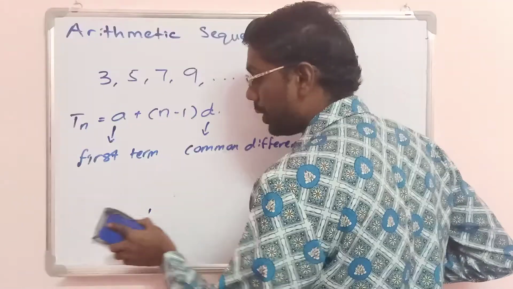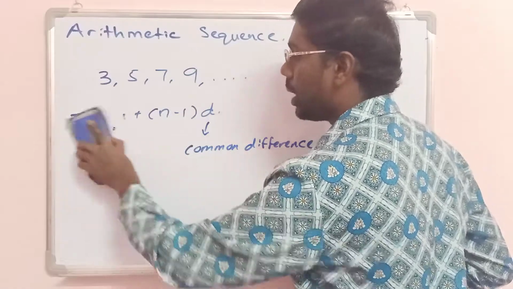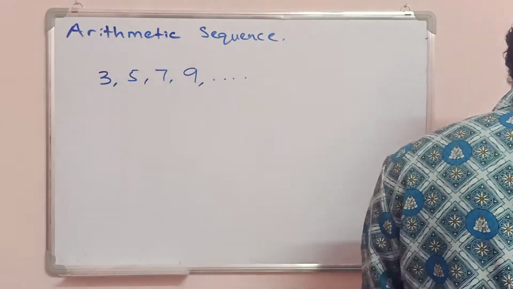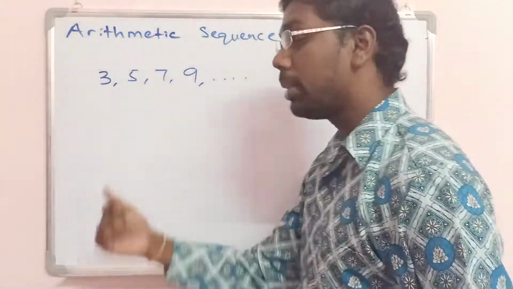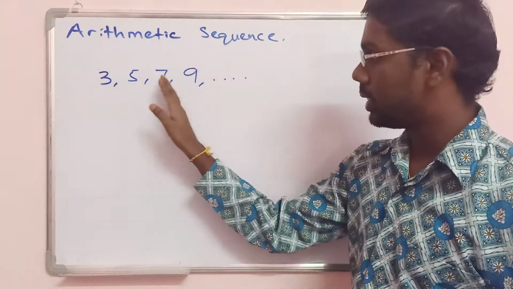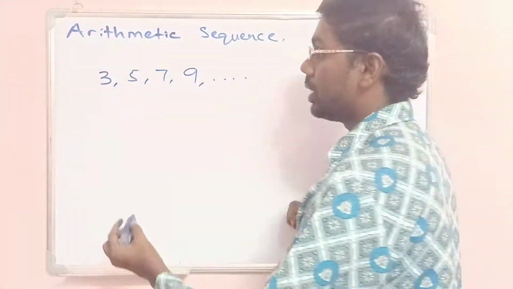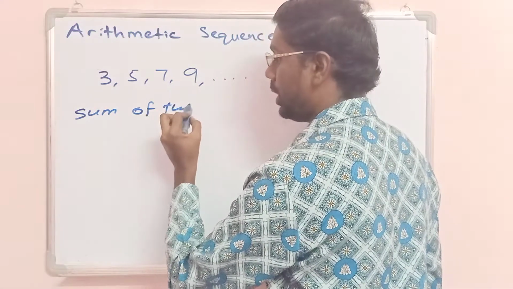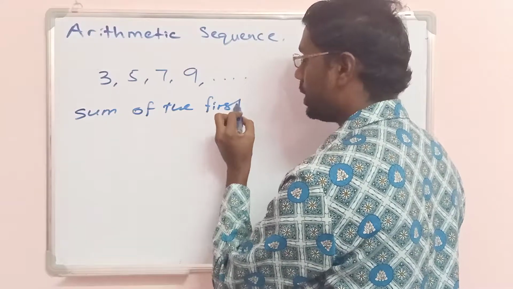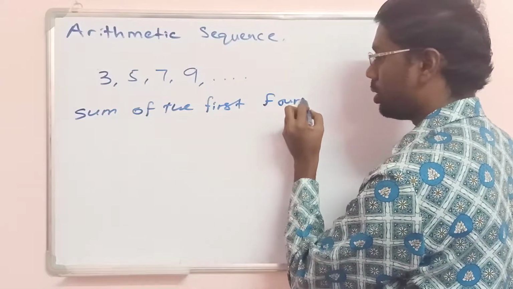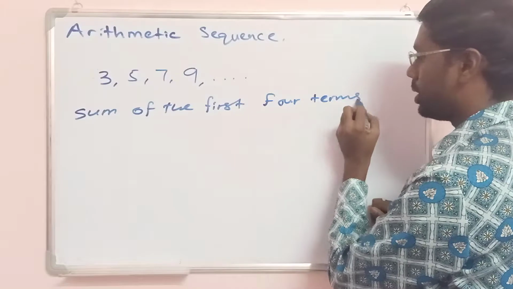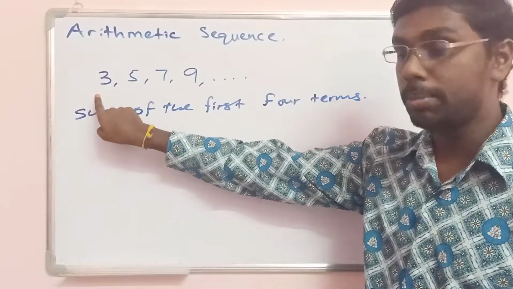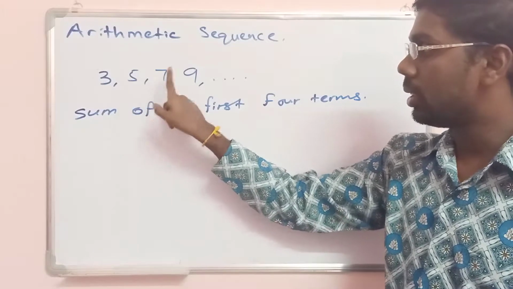So now we're going to find the sum of the terms. Let's say, for example, I give you 4 terms and I want to find the sum of the first 4 terms. The first 4 terms means the first, second, third and fourth term.